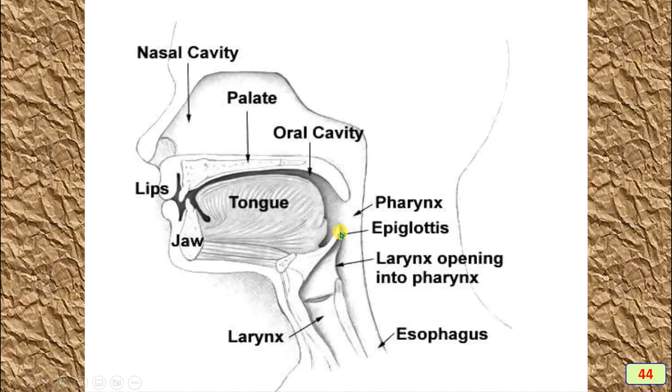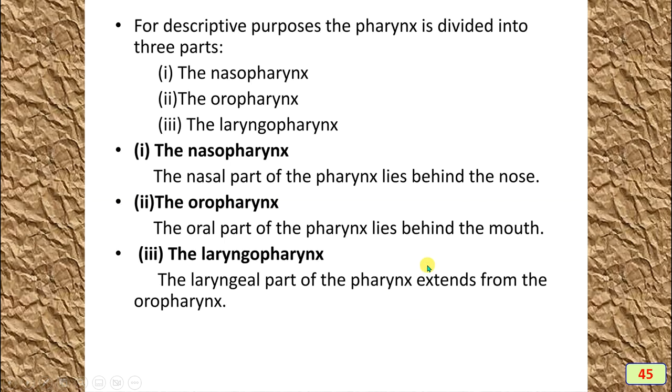Then the epiglottis is the one which closes the trachea while swallowing, and this is the larynx opening, and the esophagus is above the trachea or larynx, and it opens into the pharynx. So the nasopharynx, oropharynx and laryngopharynx are divisions of the pharynx depending upon the anatomical location.